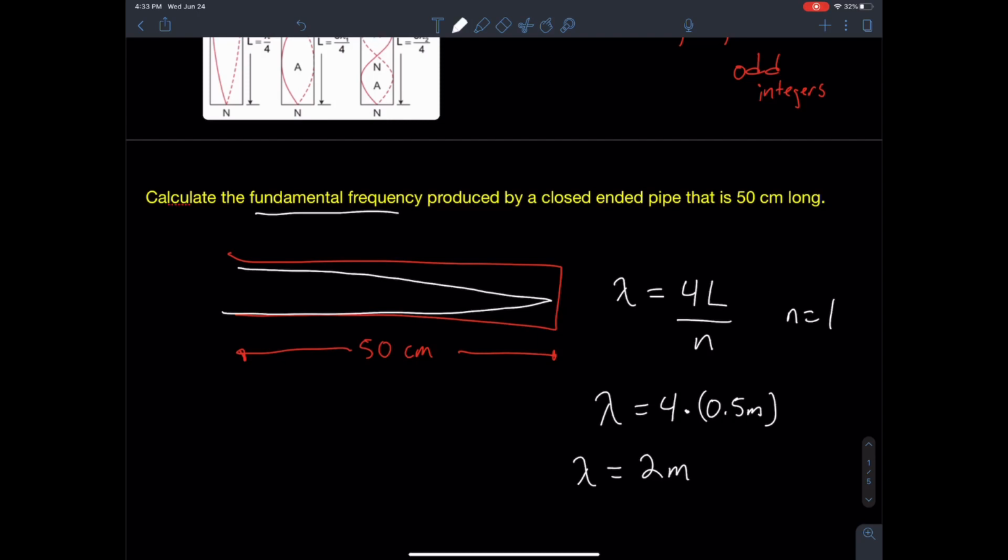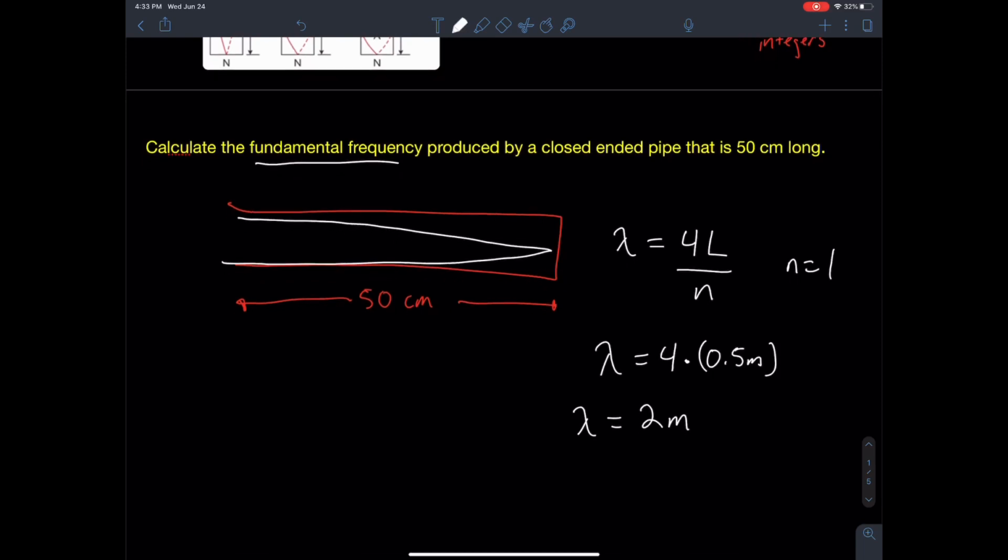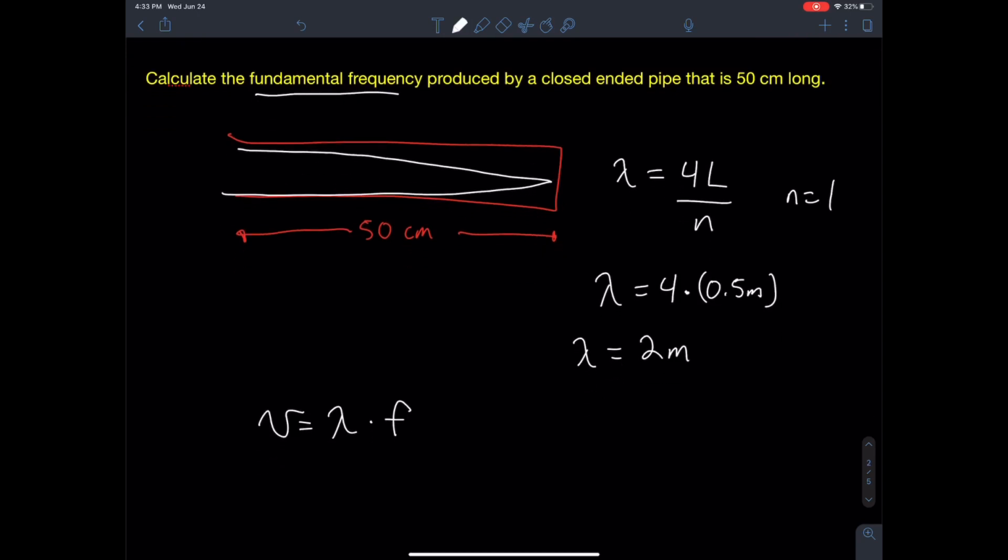Okay, so that 2 meter wavelength that is going to be formed inside of that tube, what frequency is going to be produced? Well, now I have to use the wave equation. The speed of a wave is equal to the wavelength times the frequency. If I rearrange that equation, the speed of the wave divided by the wavelength is equal to my frequency.